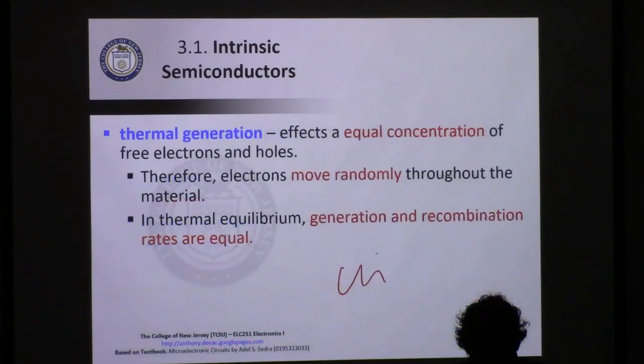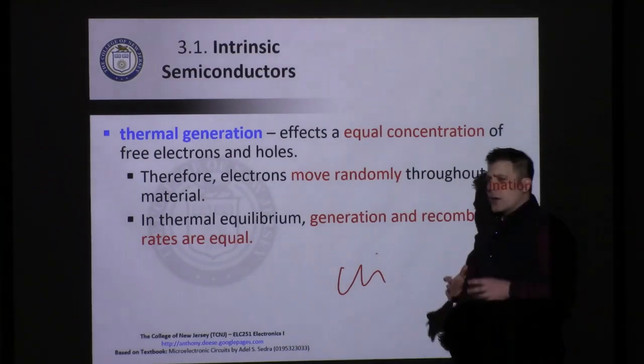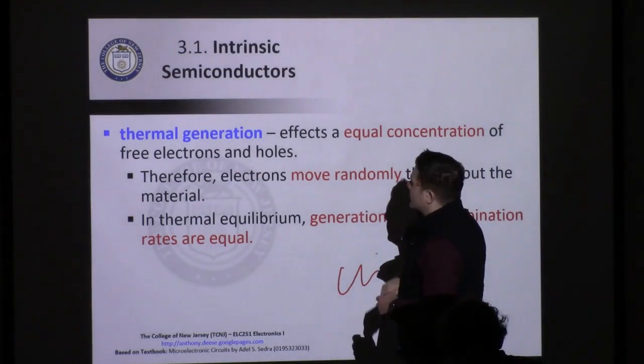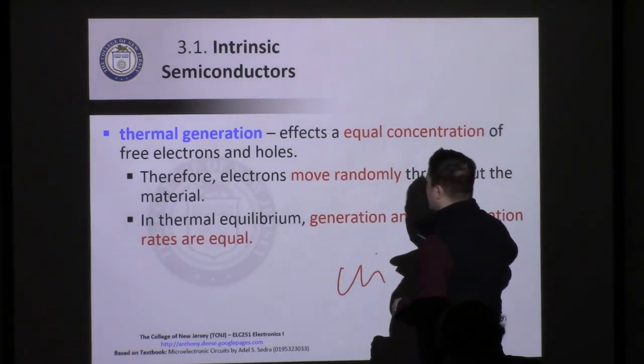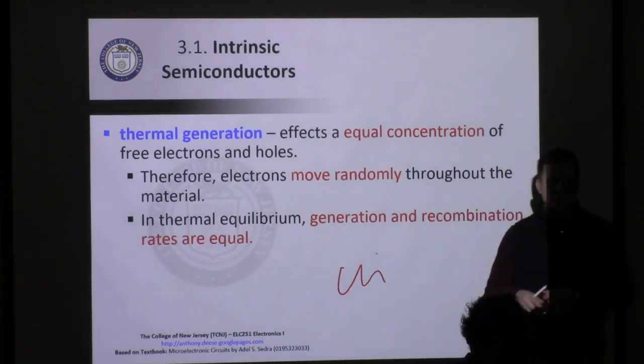So one kind of generation here is thermal generation. So when the free electrons and the holes are generated by temperature, we have equal concentrations of free electrons and holes. The electrons will move randomly throughout the material and then sort of recombine somewhere else.